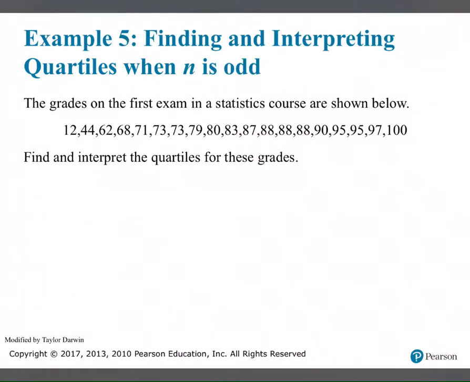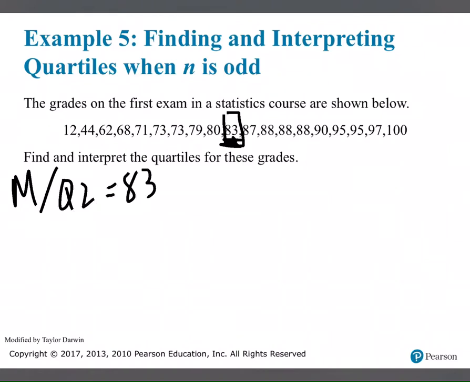Let's see what happens if I have an odd set. If I were to find the median of these numbers, the perfect middle number, it's going to be 83. That's going to be my median, aka my Q2. Earlier, we were able to just split it in half because there were two middle numbers.